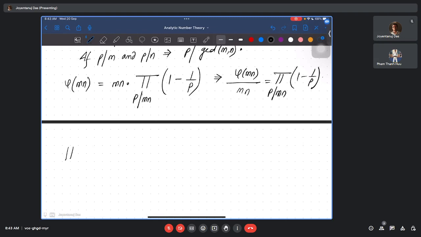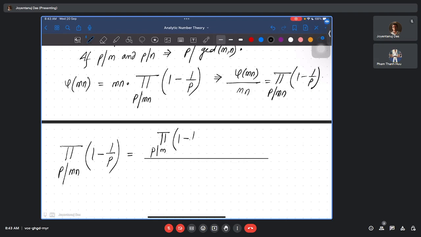Now we will focus on this part. I can write it like this, tell me if it is correct: the product over all primes that divide m of 1 minus 1 by p, times the product over all primes that divide n of 1 minus 1 by p.